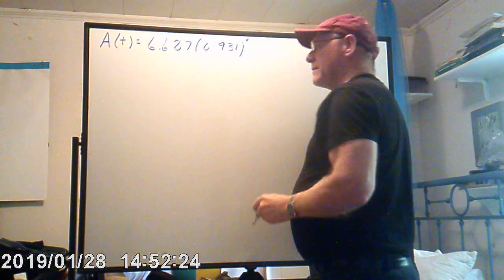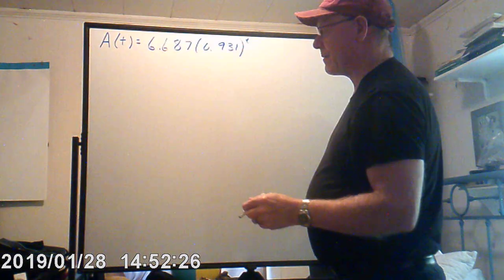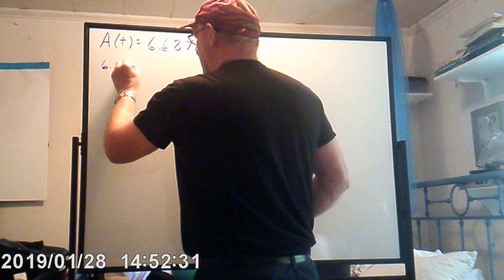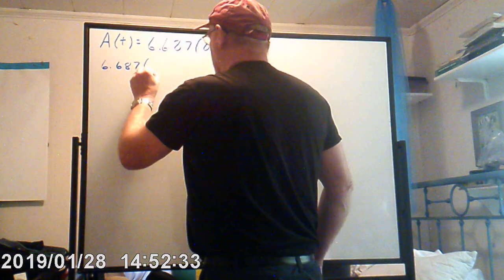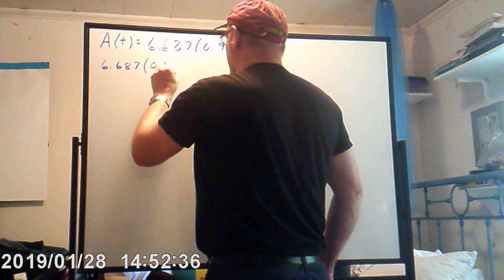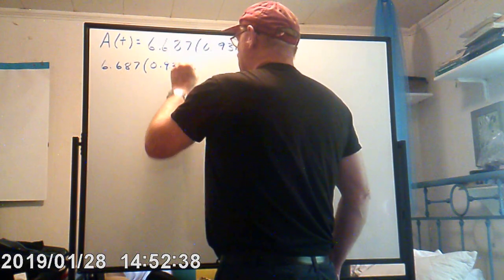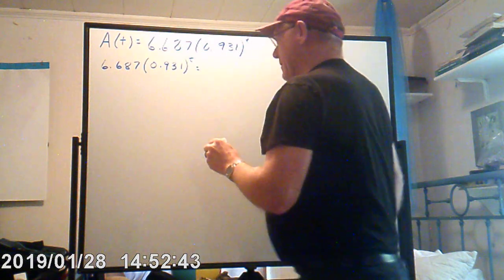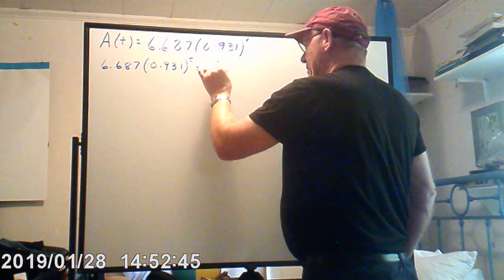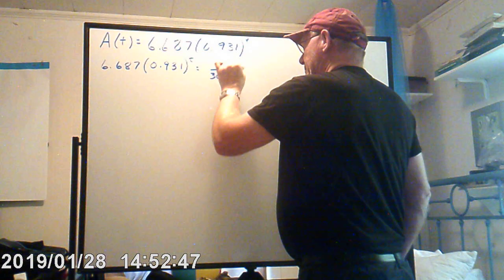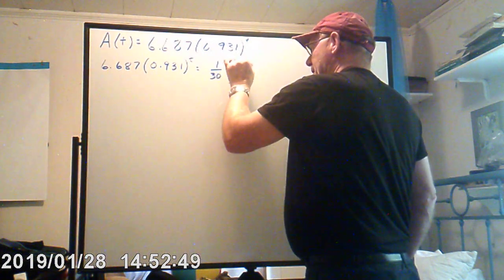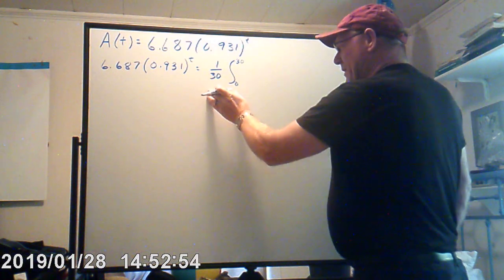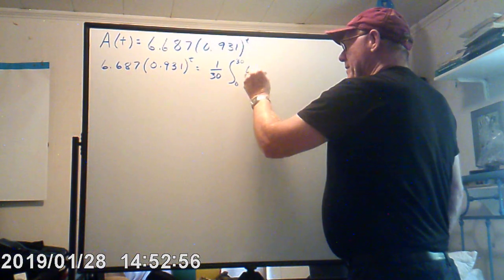All right, so we'll go ahead and do it by hand. 6.687 times 0.931 to the t is equal to this average. So 1 over 30 from 0 to 30. That's what average is, always that right there. And then the same thing.